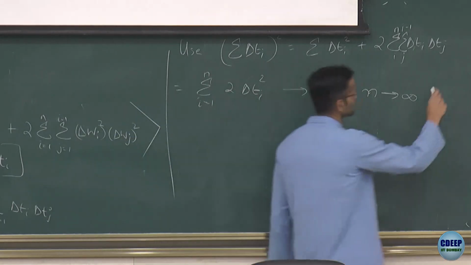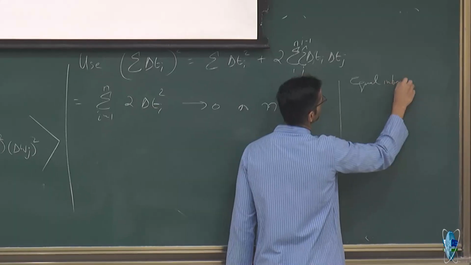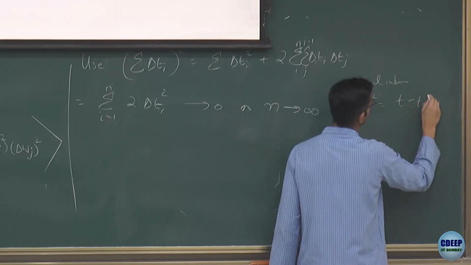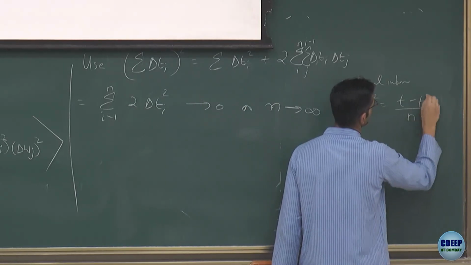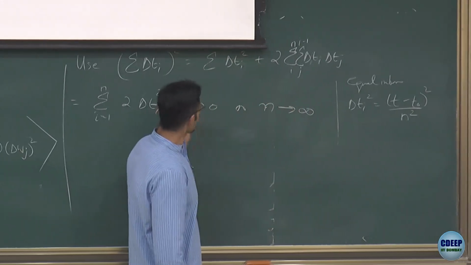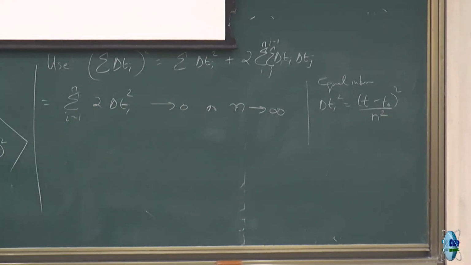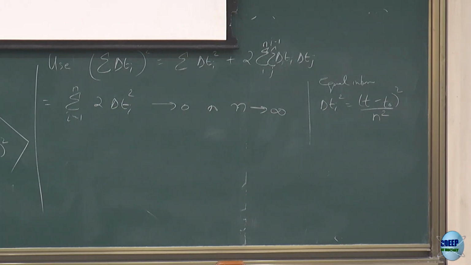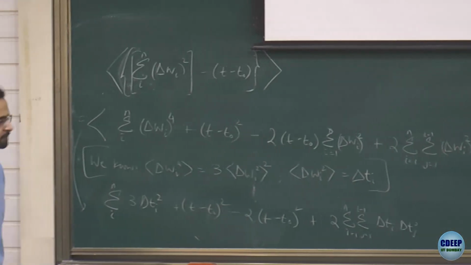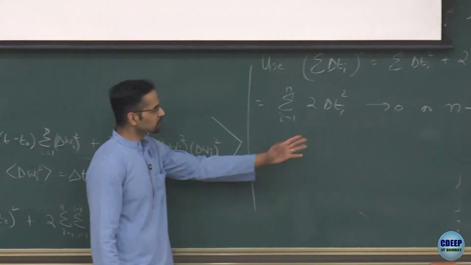Of course, in the limit for equal intervals, delta T i square is just T minus T naught divided by n, and the summation of that will be n times that, but you still have a 1 over n, and that will go to 0. Even if you take unequal intervals, it doesn't matter. You can still bound the sum and show that it will go to 0.